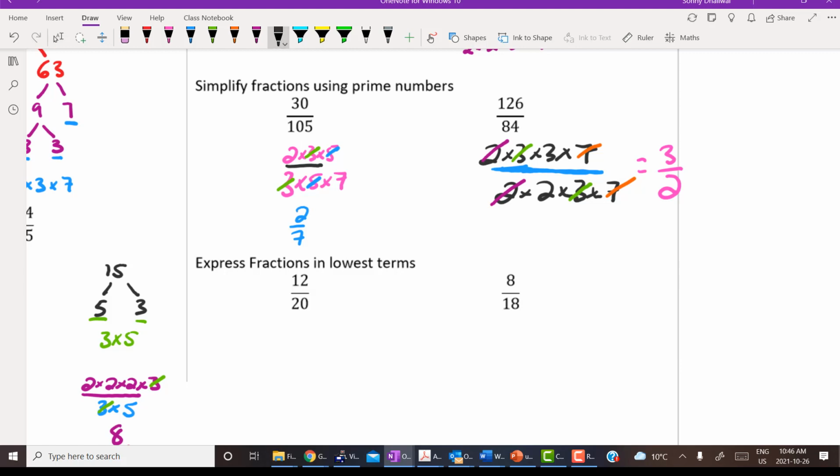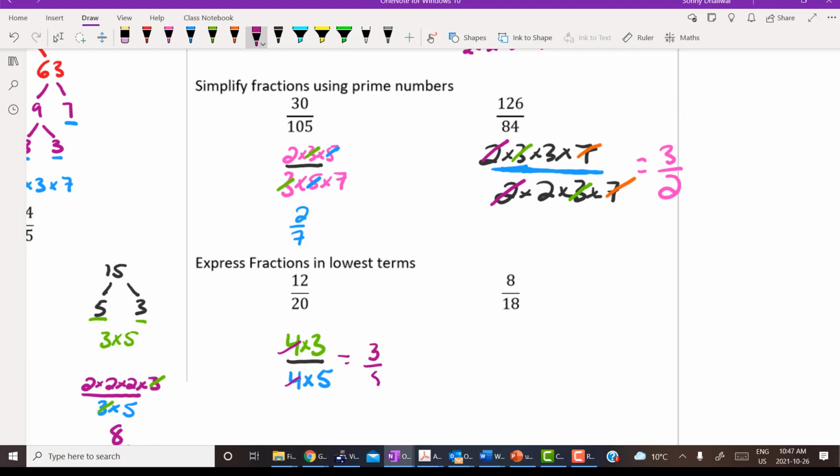Instead of breaking numbers down to their prime factors, you can just break them down to any factor. For example, 12 is 4 times 3, and I know 20 is 4 times 5. Then I can cancel out the 4s.